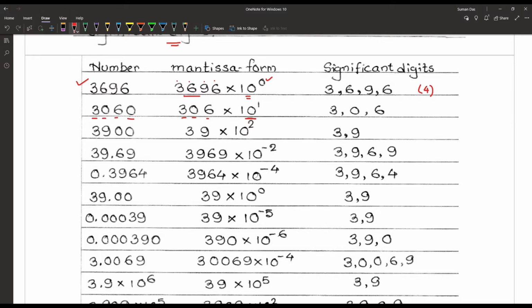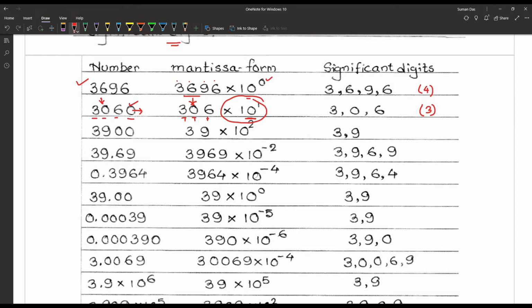Now here that 0 can be written in the form of Mantissa into 10 to the power 1. So that is not treated as a significant digit. But look at that 0 in between 3 and 6. That is a significant digit. So here the significant digits are 3, 0 and 6. There are 3 significant digits.